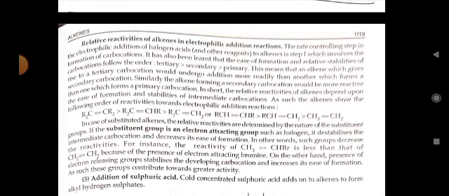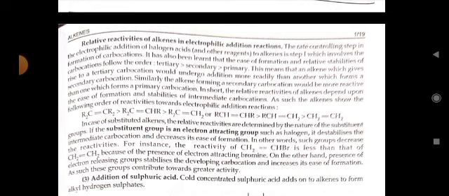This means that an alkene which gives rise to a tertiary carbocation would undergo addition more readily than another which forms a secondary carbocation. Similarly, the alkene forming a secondary carbocation would be more reactive than one which forms a primary carbocation. In short, the relative reactivities of alkenes depend upon the ease of formation and stabilities of intermediate carbocations.